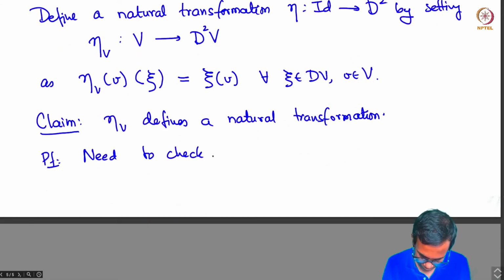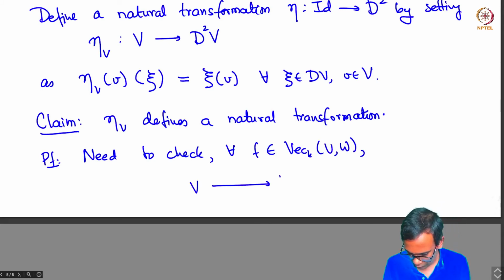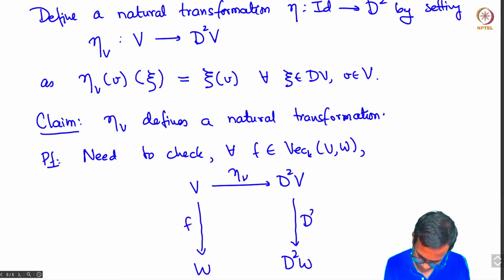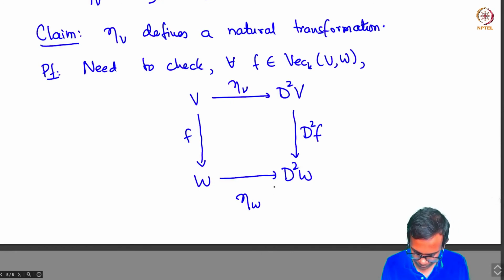So whenever we have, for every f in Vec K from V to W, the diagram where we have V to D squared V with eta V, W to D squared W with D squared F, and eta W from W to D squared W, we need to check that this diagram commutes. Okay, so let's do that.